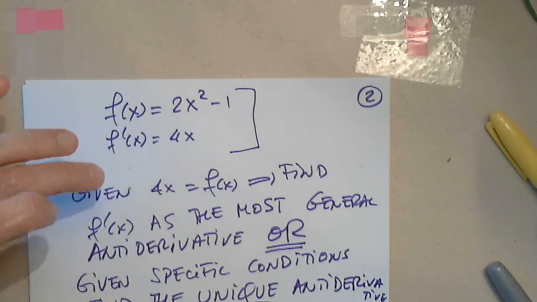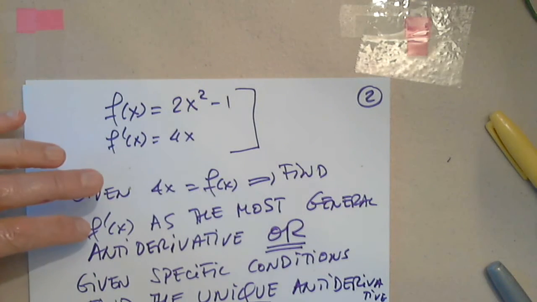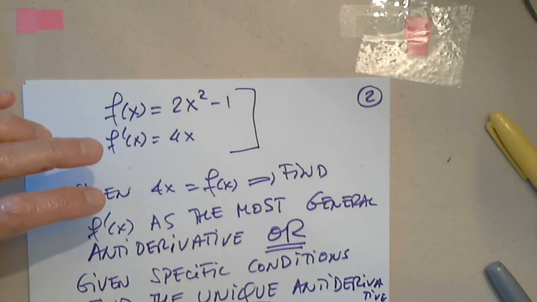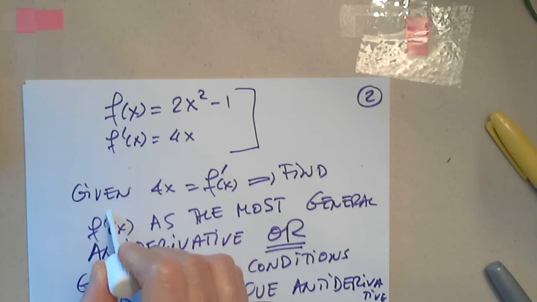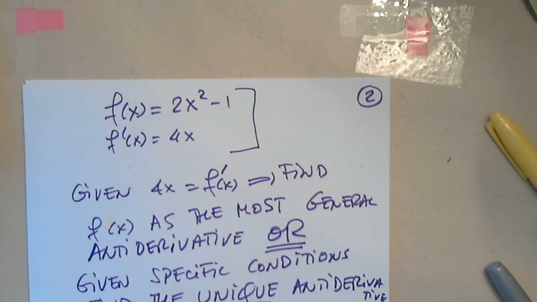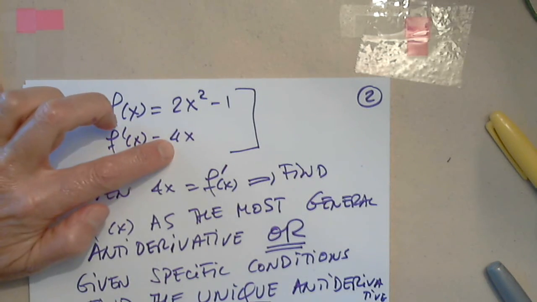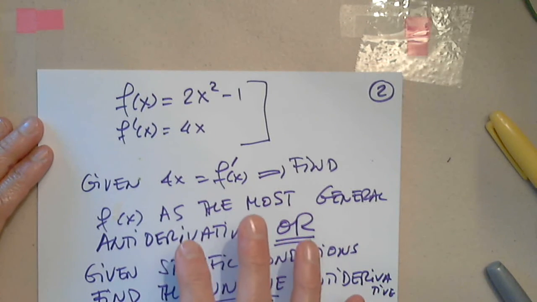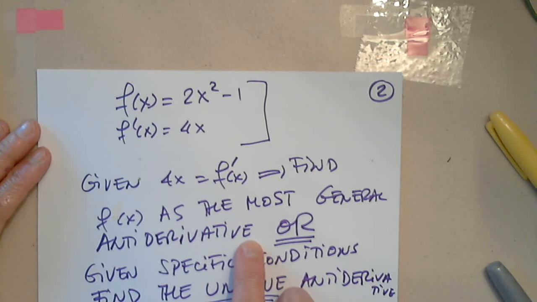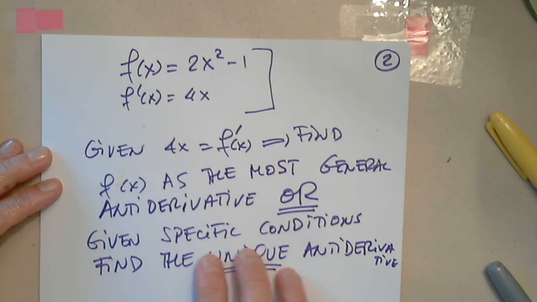If I'm given a function and I'm asked to find f of x, given f prime, which is 4x, I'm going backwards to find the function, and I have two options depending on what the problem gives us: the most general antiderivative, which you'll see in a moment how, or given specific conditions, find the antiderivative.